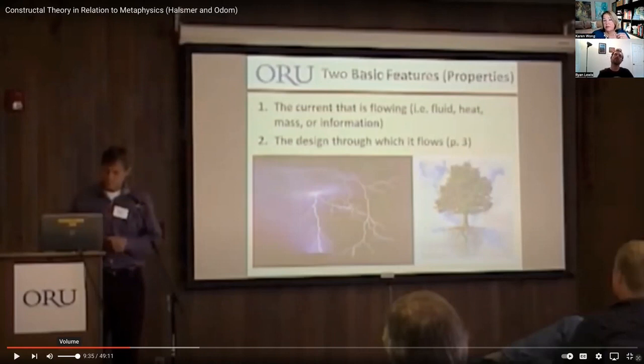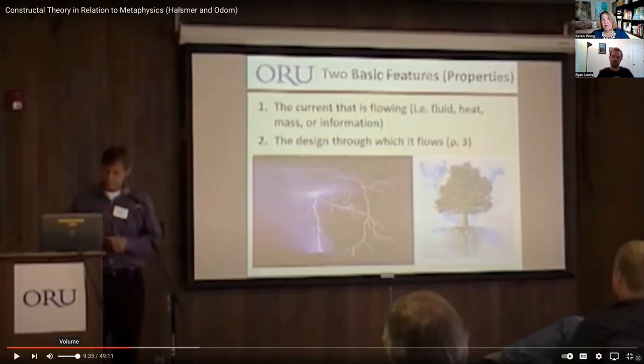Lightning is a flow. Trees have a flow of water from the ground up through the tree, and there's a lot of different flow systems in a tree, and all these fractal systems. It's not only what is flowing through the system, but it's also the design through which it flows.